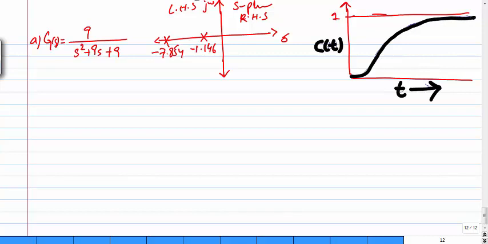Okay, so if I write the formula, here C of t is equal to 1 minus, okay, 1 is for the forced response, minus 0.171 exponential minus 7.854t, minus 1.171 exponential minus 1.146t. So this is the response.